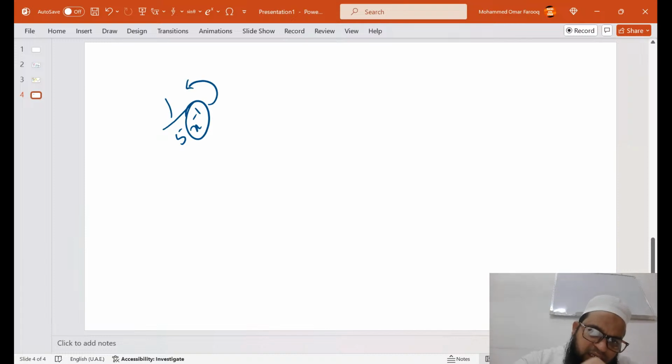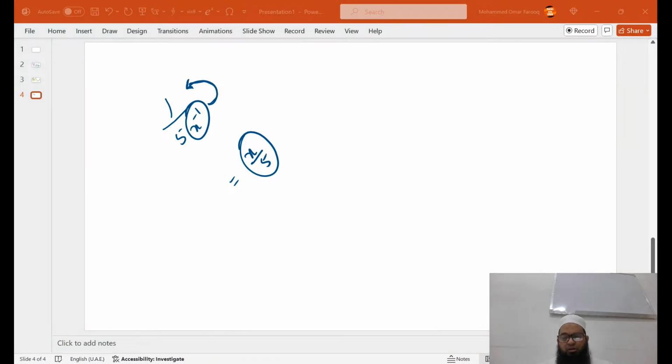We have studied that if you have a negative exponent, you transform it into the numerator and it becomes positive, x by 5. Now tell me, is x by 5 a polynomial or not? It is a polynomial.